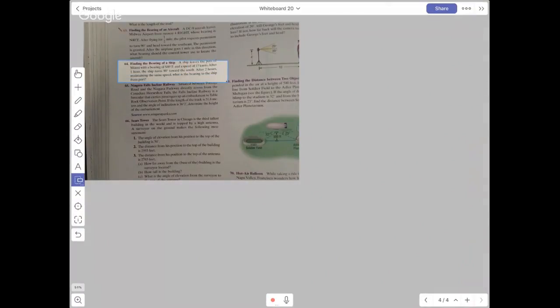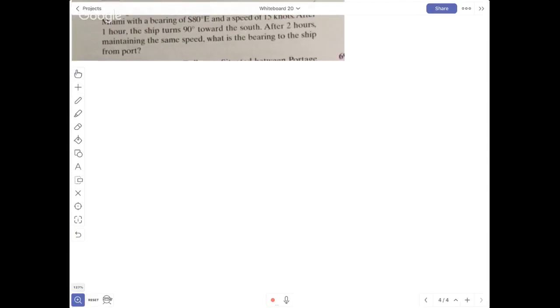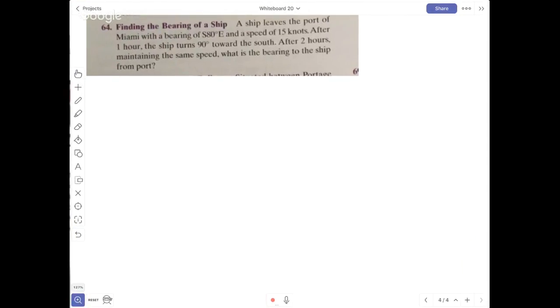Back out a little bit and grab just this one, number 64. Okay, here we go. The ship leaves the port of Miami with a bearing of south 80 degrees east.